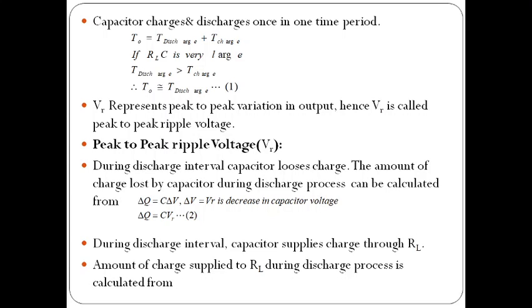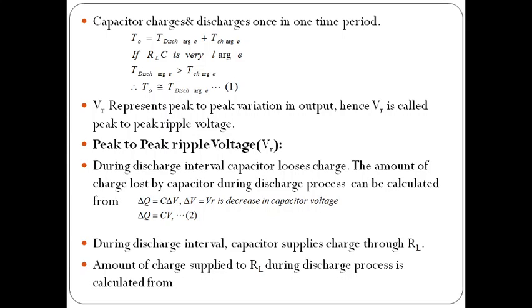The amount of charge lost by the capacitor during the discharge period can be calculated from Q equals C into V. So in this discharging time period, some amount of charge will be lost. I am assuming it as delta Q, the charge lost in the discharge process.